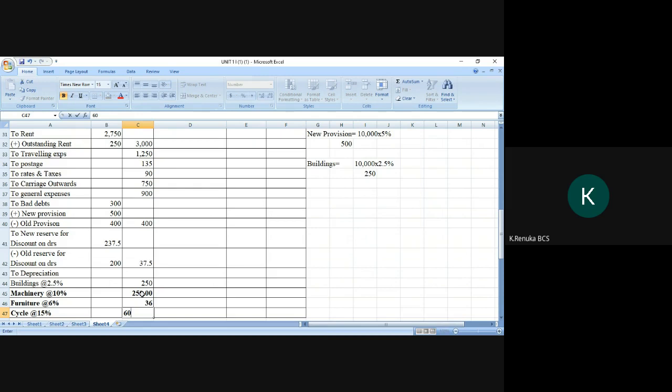We may make repairs to that particular asset, or we will be doing changes, giving it for services, something like that. So asset value will be reduced according to the years. For that purpose we are calculating this depreciation. So depreciation will be calculated only on the fixed assets.